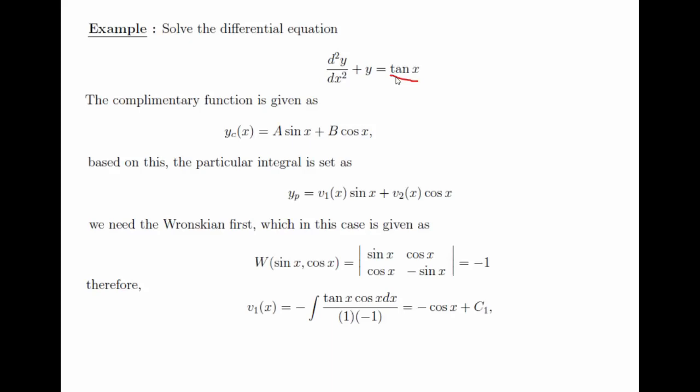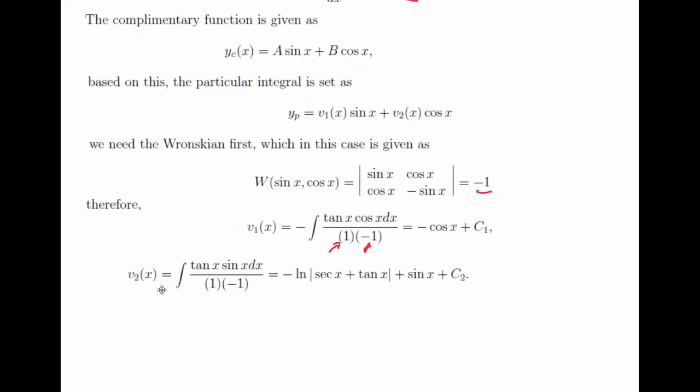The coefficient is 1, and the Wronskian goes in the denominator. Then we calculate that integral. Because tan x is sine x over cos x, it cancels the cos x, and the result is just minus cos x plus c1.